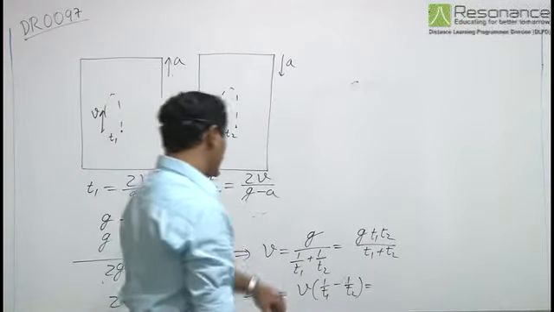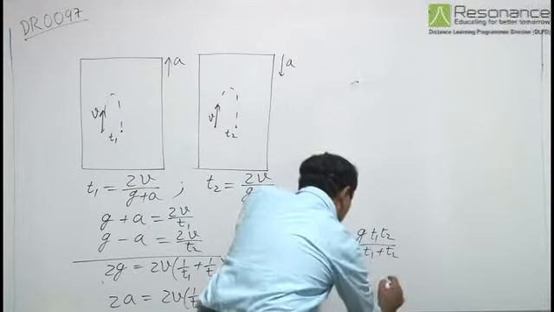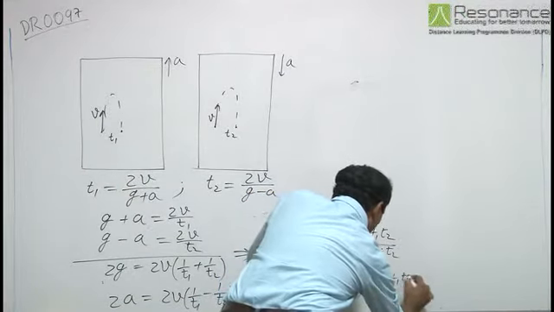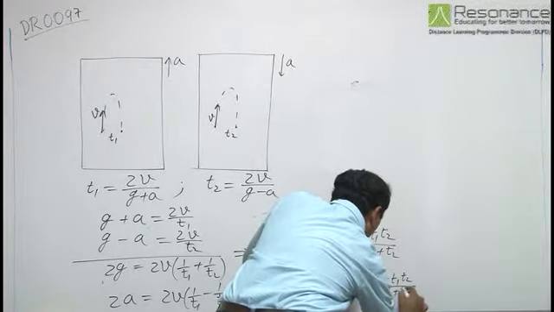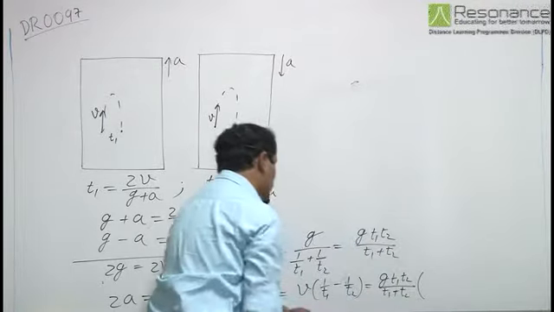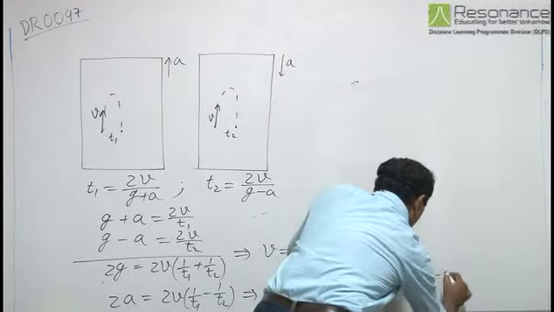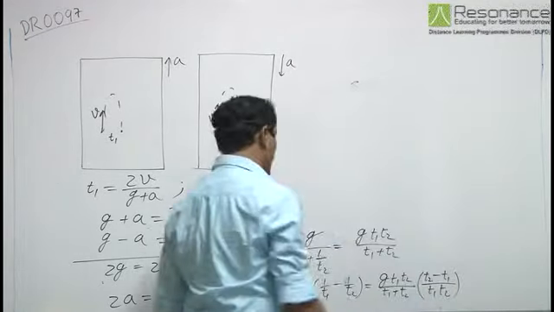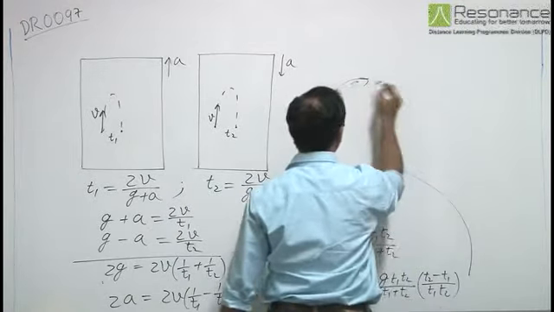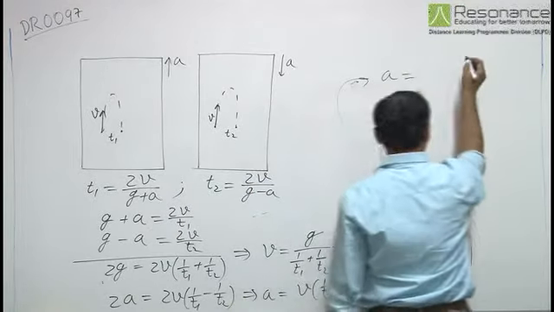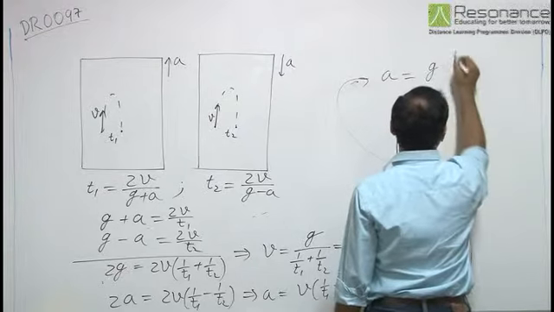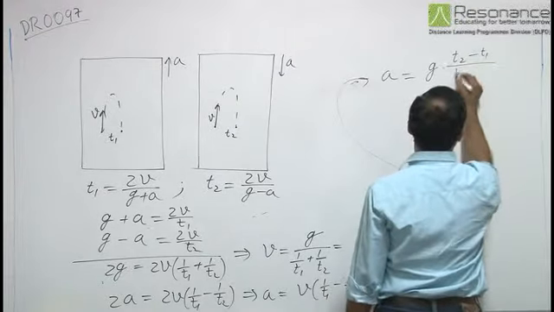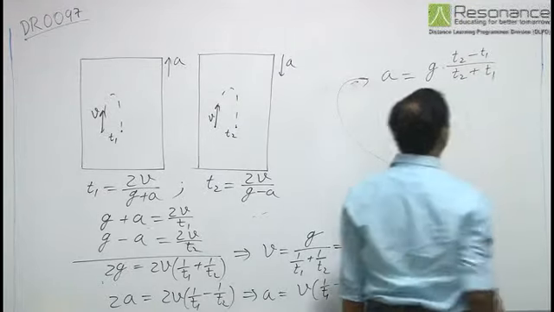If I put the value of v here, it is g t1 t2 by t1 plus t2 into, this can be written as t2 minus t1 by t1 t2, or the acceleration can be written as g t2 minus t1 by t2 plus t1.